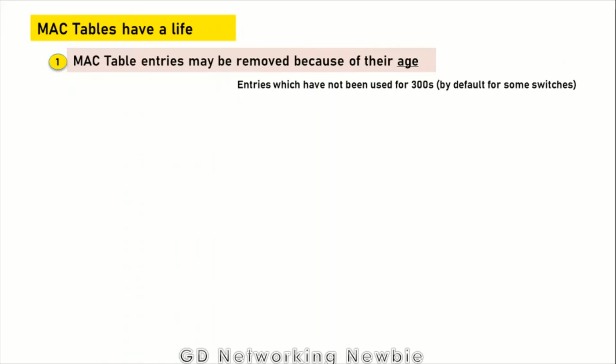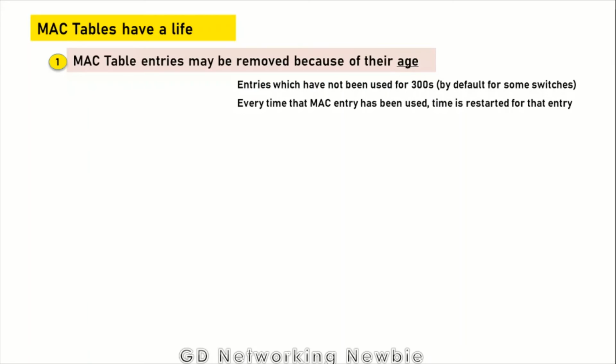So it means whosoever MAC table entry has reached that limit, the age of that MAC table entry being 300 seconds, then that specific entry will be removed from the MAC table.